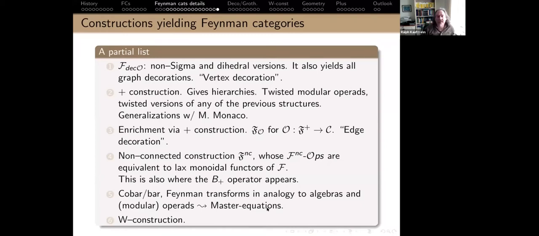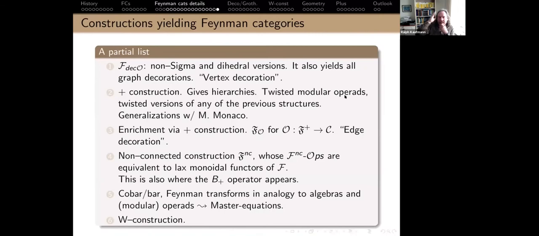So here's just an overview, and because then I have to select which ones I want to say, that's why I'm asking. So there are these vertex decorations, how to get these things, the plus construction, which gives these hierarchies. They are important for the twisted modular operad. So if you remember my history, I made it a point that you have to figure out how to do the shifts for the bar and co-bar construction.